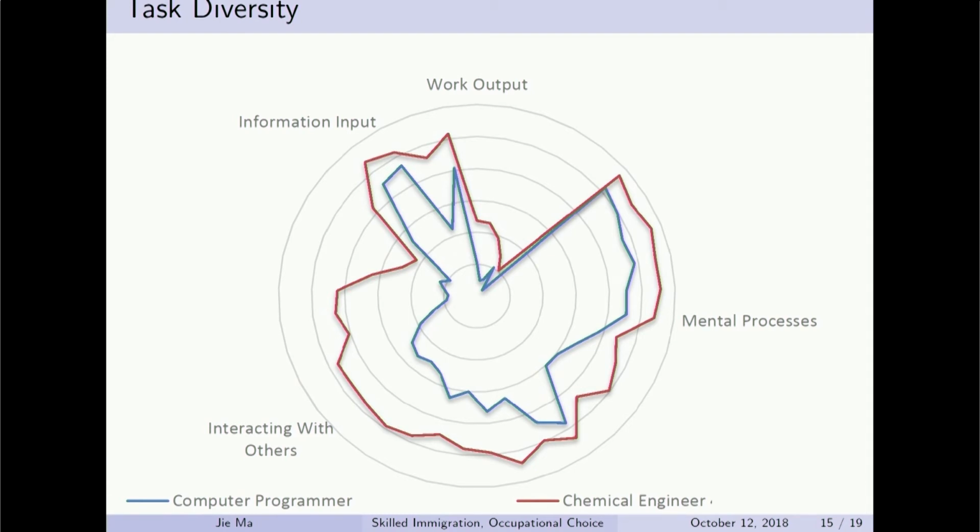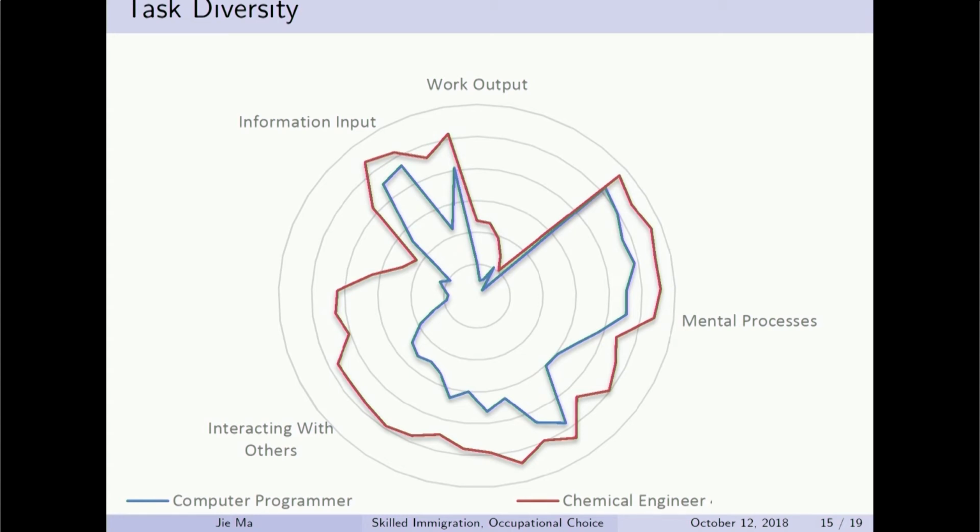So I want to borrow the idea of specialization from international economics to here. If more tasks are being used, this gives workers the possibility of specialization in different tasks, even within an occupation.